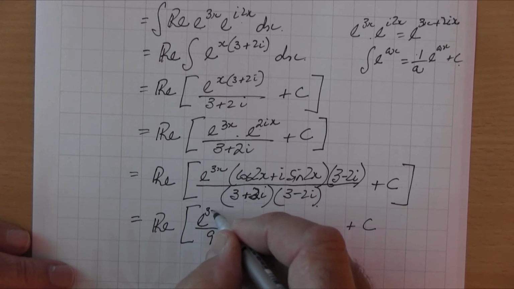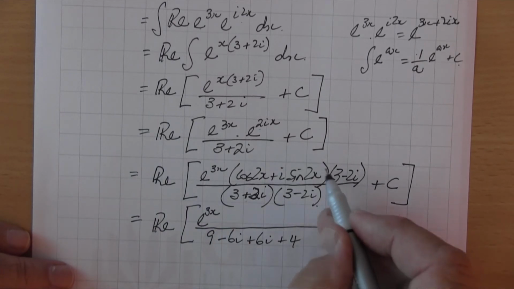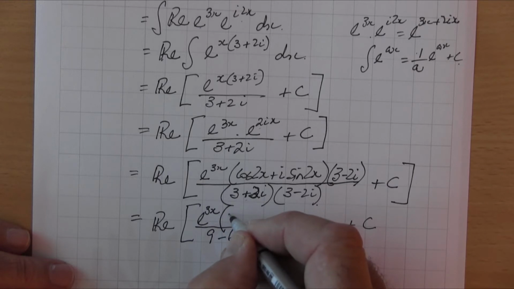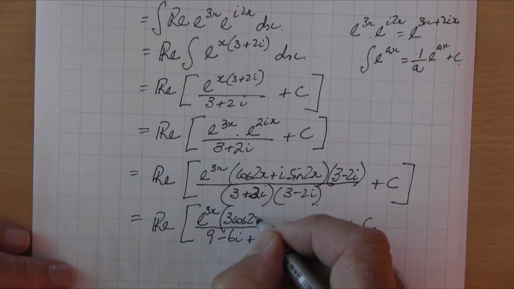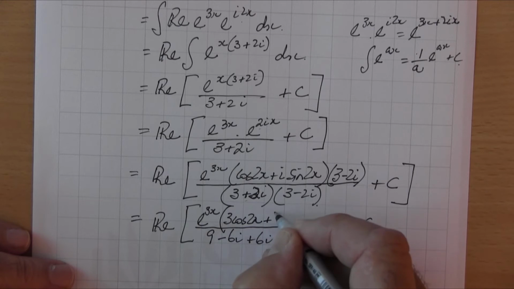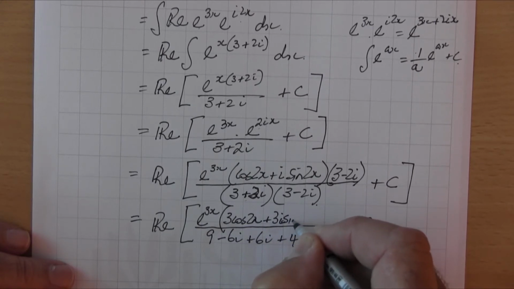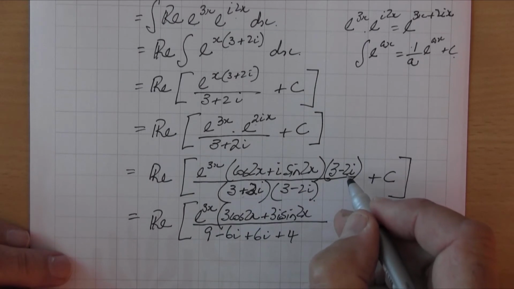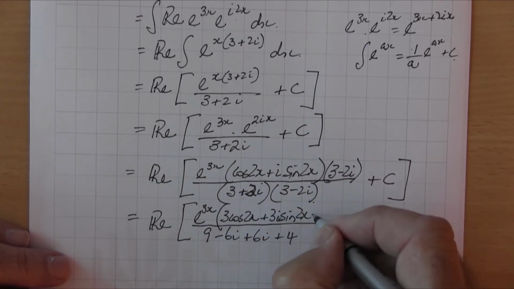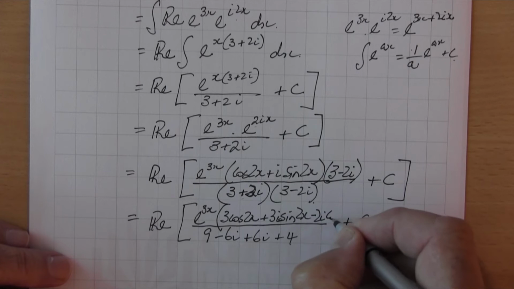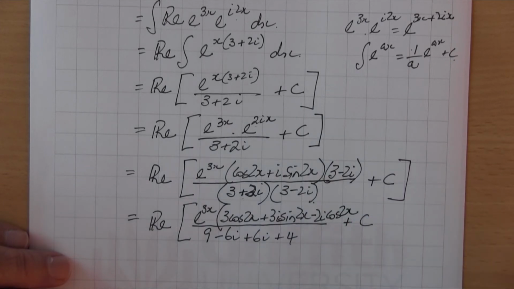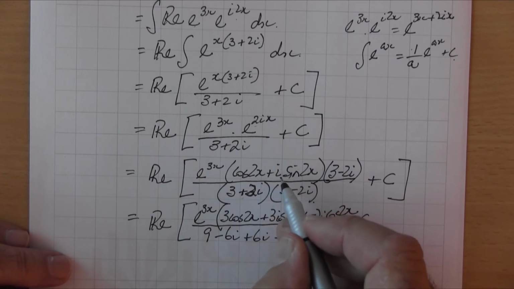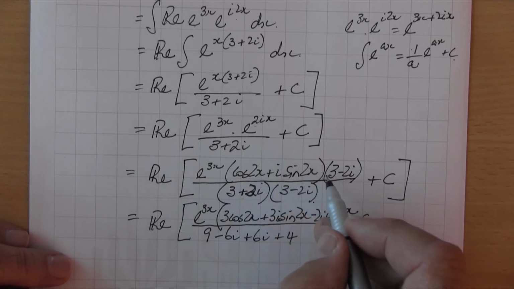e to the 3x, now we multiply 3 times the bracket, so we'll get 3 cos 2x plus 3i sine 2x. Then multiply right through by negative 2i: minus 2i cos 2x, and multiply negative 2i times a positive i sine 2x.